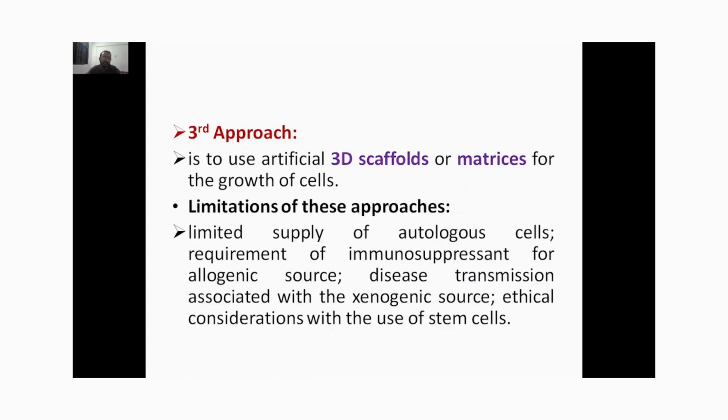The third approach is biomaterials. Here we use an artificial three-dimensional scaffold, or you can say extracellular matrices, or simply matrices, for the growth of the cells. The basic idea is to have a network or structure which gives mechanical and structural support to the cells.